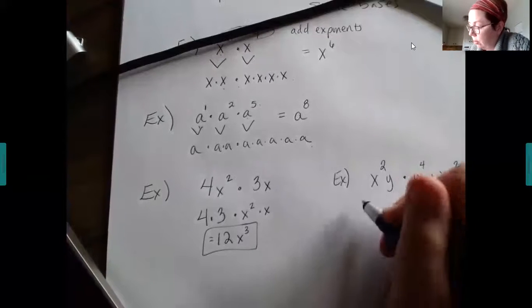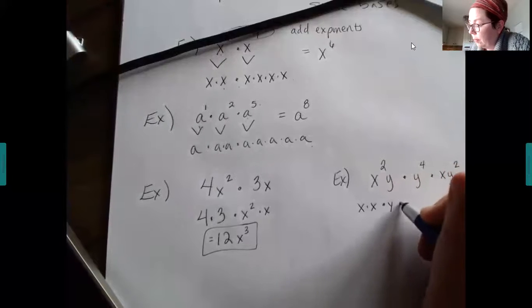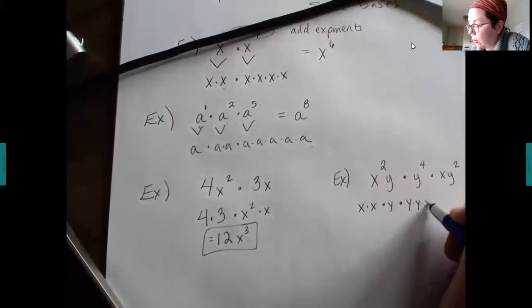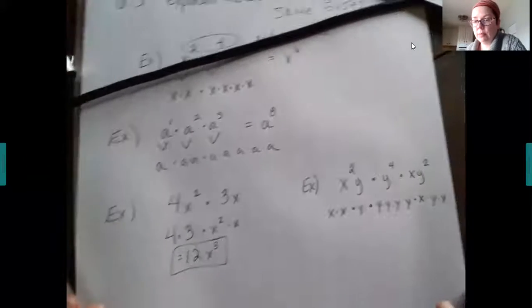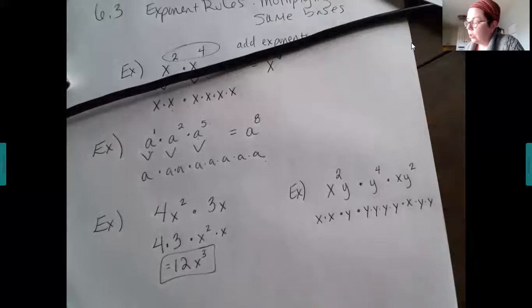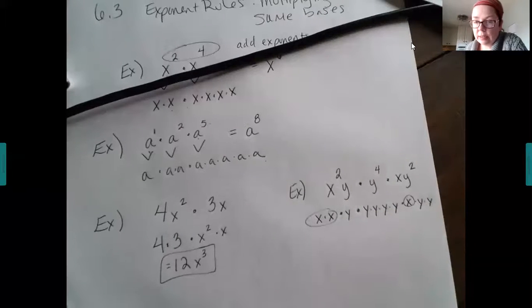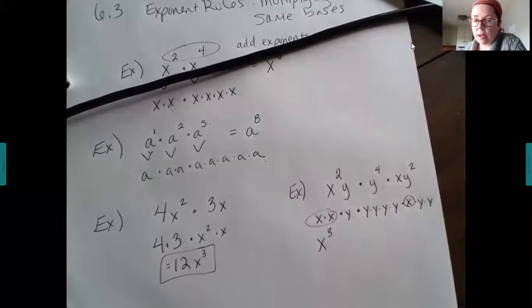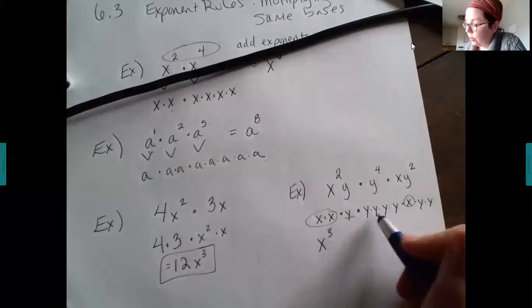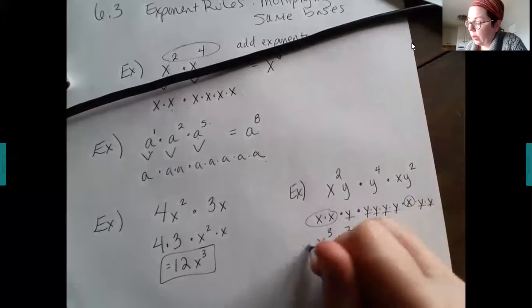So if we wrote this out, we'd have x times x times y times 4 y's times x times these two y's. So when you check, you say, I have these two x's here and that x here. So altogether, I have x to the third. And how many y's do we have now? 1, 2, 3, 4, 5, 6, 7. We have y to the seventh.